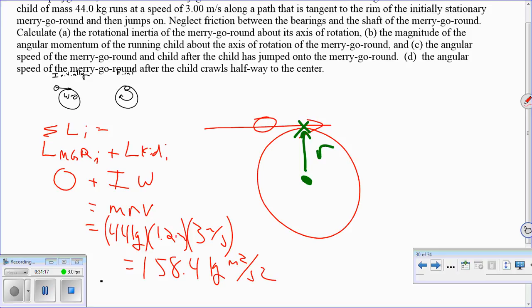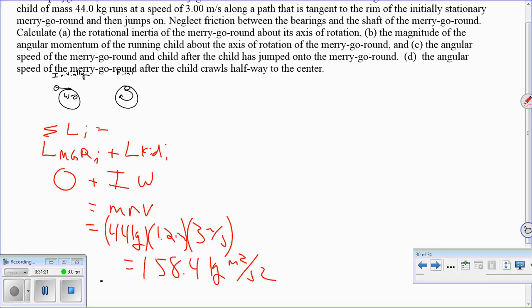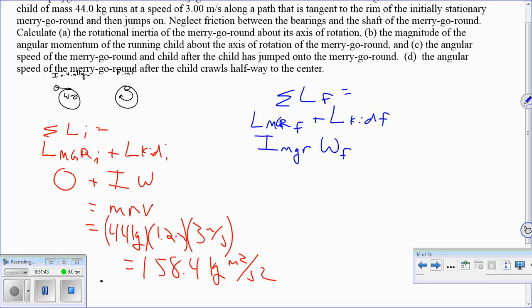Now, after the kid gets on the merry-go-round, total angular momentum final. Well, that's the momentum of the merry-go-round final plus the momentum of the kid final. So that's I of the merry-go-round times omega final plus I for the kid times omega final.